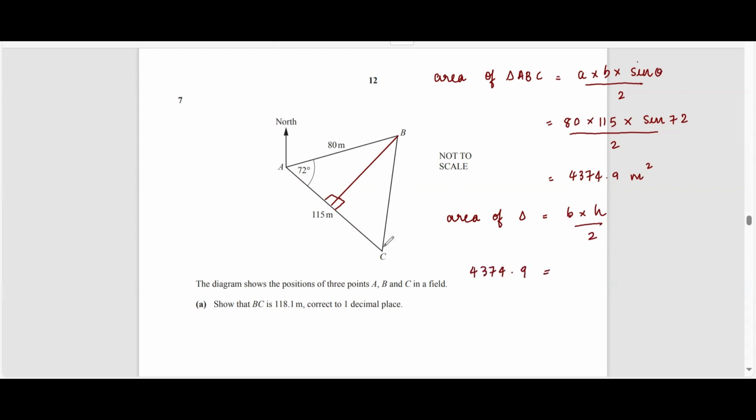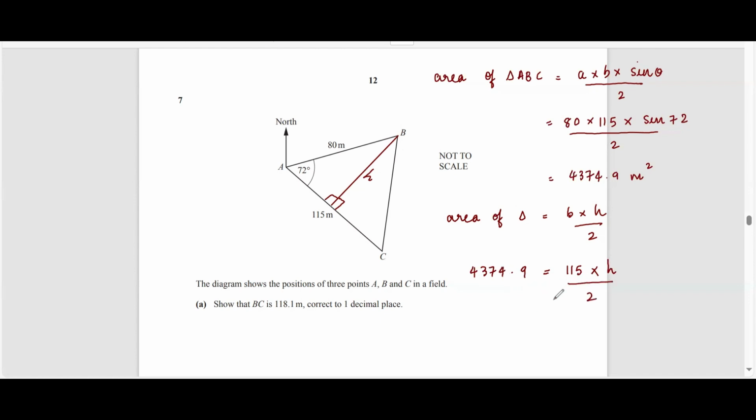Base, if I'm considering base as 115 meter, h is the perpendicular height, this perpendicular height. That is what the question is, the shortest distance from B to AC. That is basically the perpendicular height of this triangle when the base is considered as AC. So height, that's what we need to find out, divided by 2.